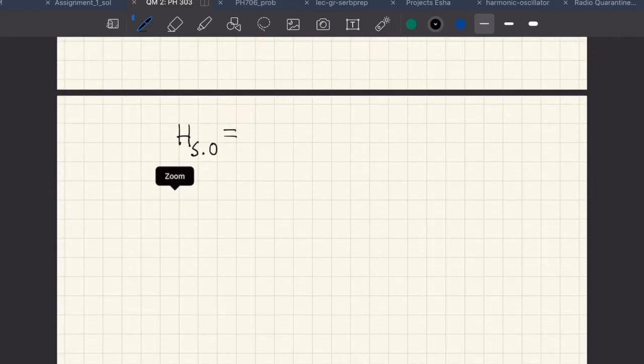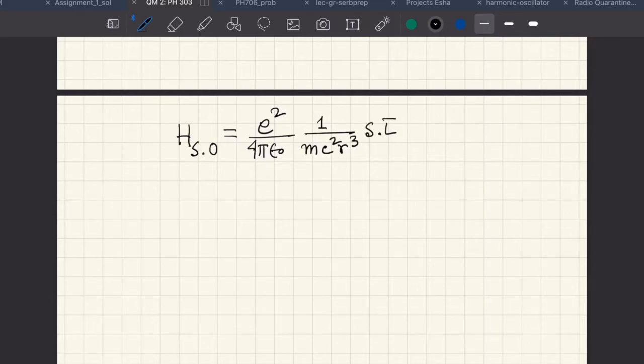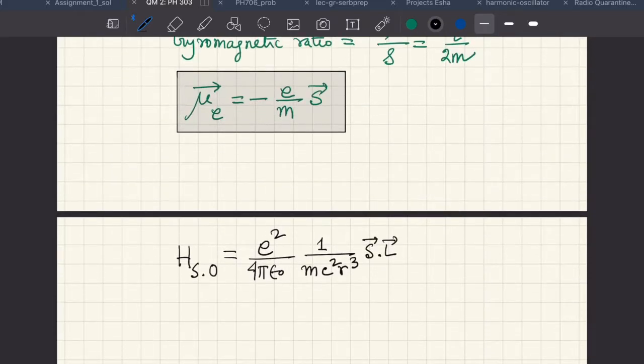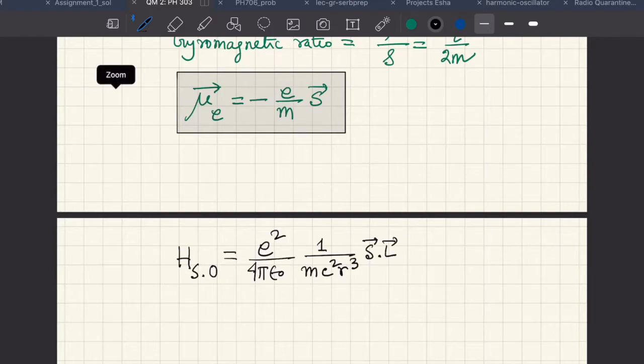So this is the final result: e²/(4πε₀) times 1/(m c² r³) S·L. Oh no, sorry, there is another m here, so this should be m² c² r³.